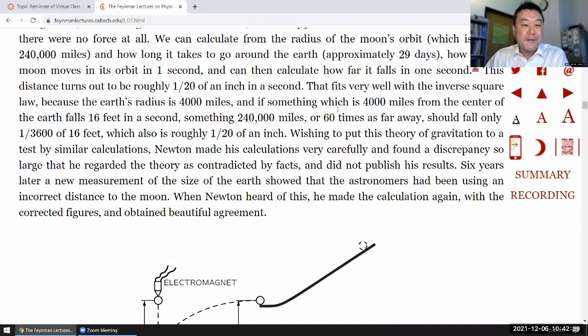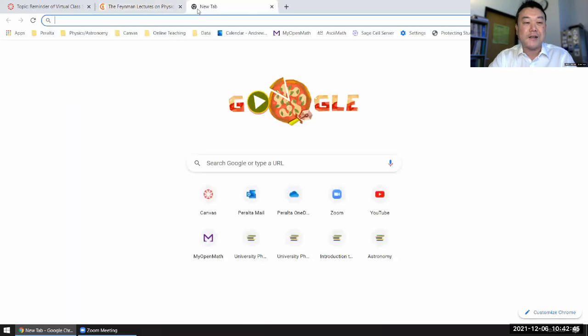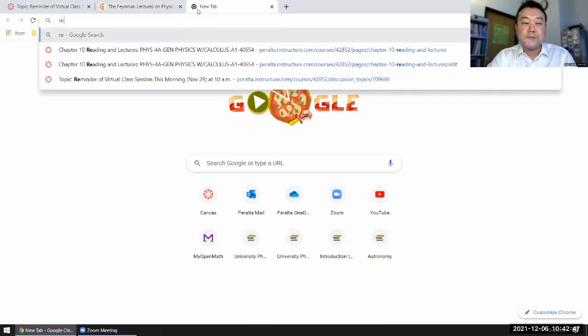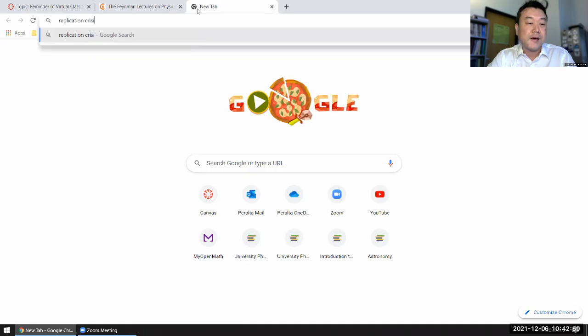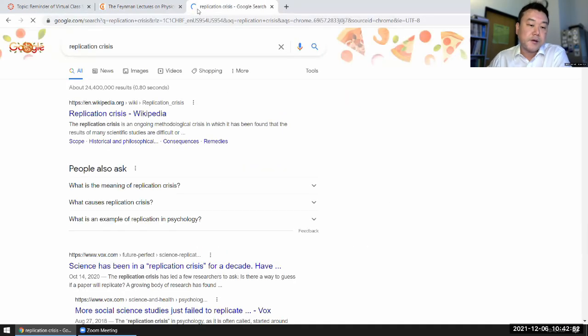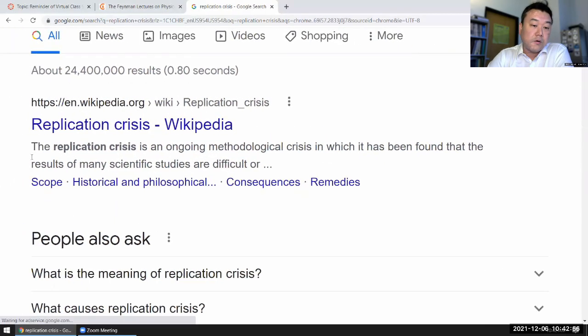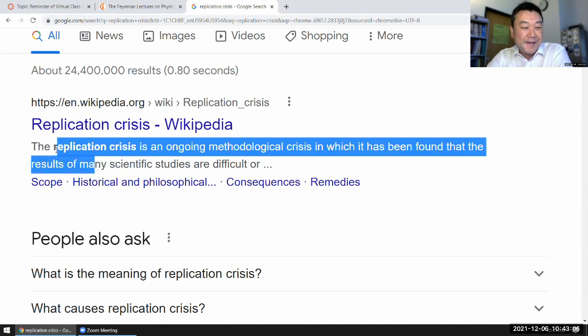So that's a whole other topic, but I'll leave that for you. But what I can suggest, if you're interested in the topic, is to search up something called the replication crisis, where there are some scientific results that don't appear to be replicable.